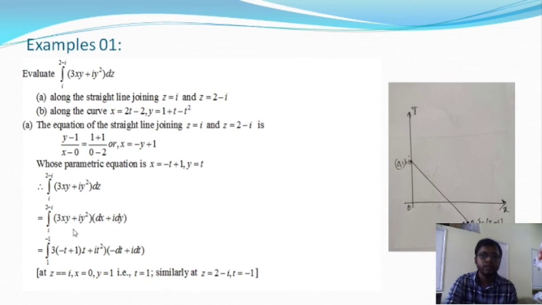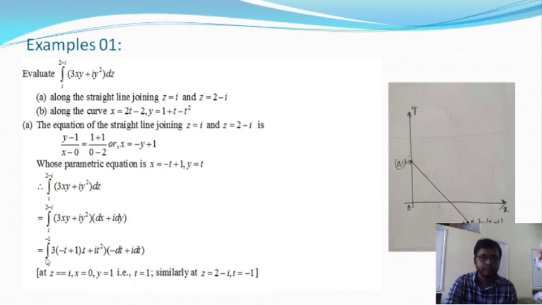Now we put x equal to minus t plus 1 and y equal to t. So this integration will change, as well as the lower and upper limits. At z equal to i, we get x equal to 0 and y equal to 1, that means t equal to 1.